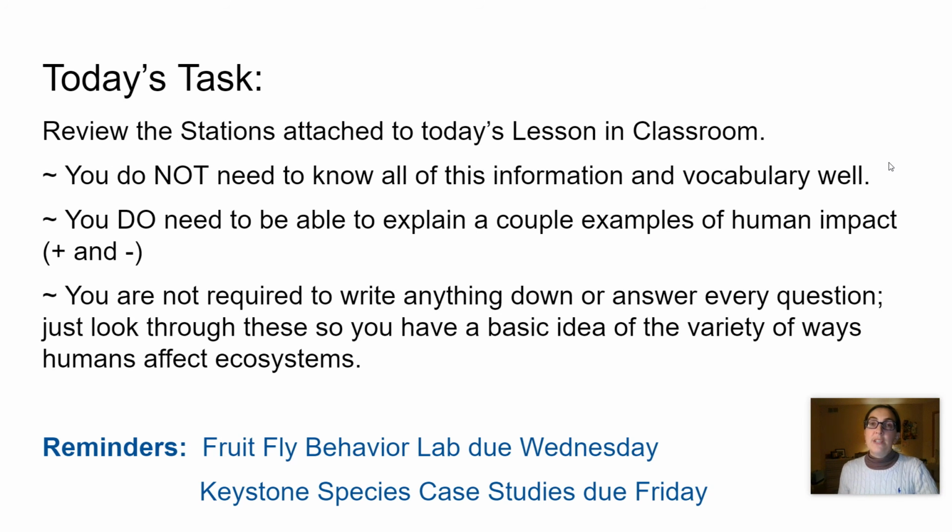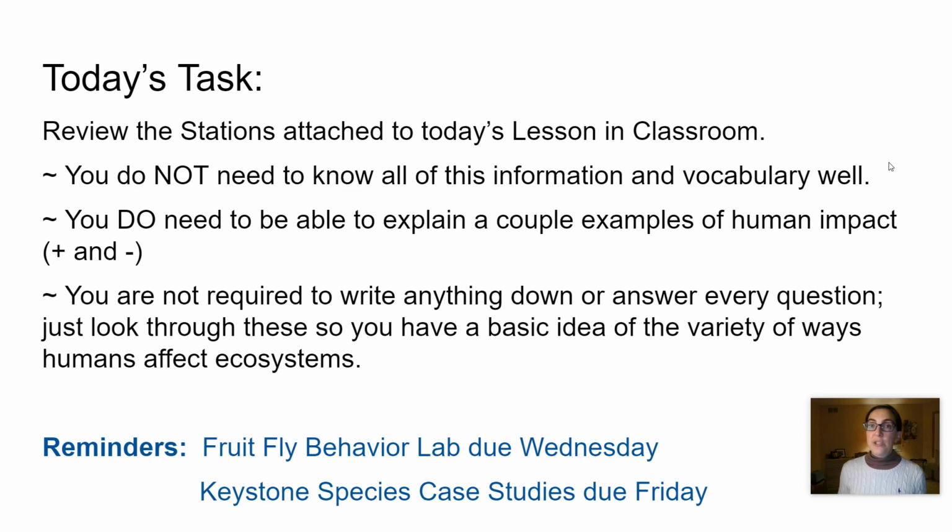But the important thing is just to have some examples in the back of your mind and kind of understand all the different ways, not only the negative ways that I kind of talked about today, but also some of the positive things that people are doing to try and minimize our impact and protect the biodiversity that we have on the planet. You don't need to write anything down, though if you would like to add a couple examples from these stations into your notes, you are welcome to do that.